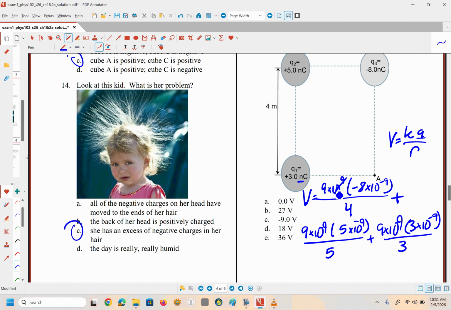So we get a bunch of cancellations here. That gives me negative 18 plus 9 plus 9. Looks like that has a 0 potential at point A. So A is the right answer.